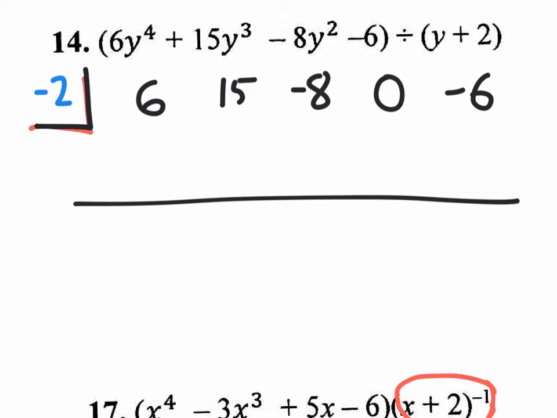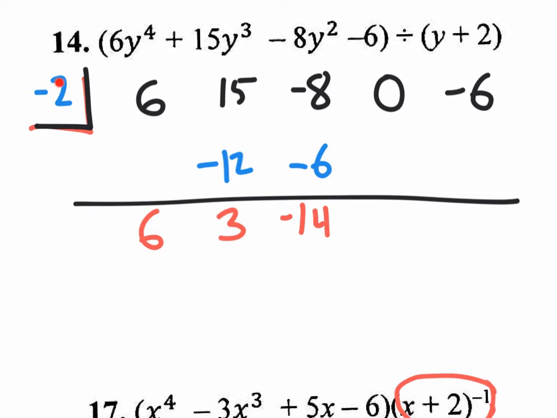As the 6 comes down, what do I get? 6. And then, if I go negative 2 times 6, what do I get? Negative 12. And then, if I combine 15 minus 12, 3. And then, if I go negative 2 times 3, negative 6. And if I combine the negative 8 with the negative 6, negative 14.